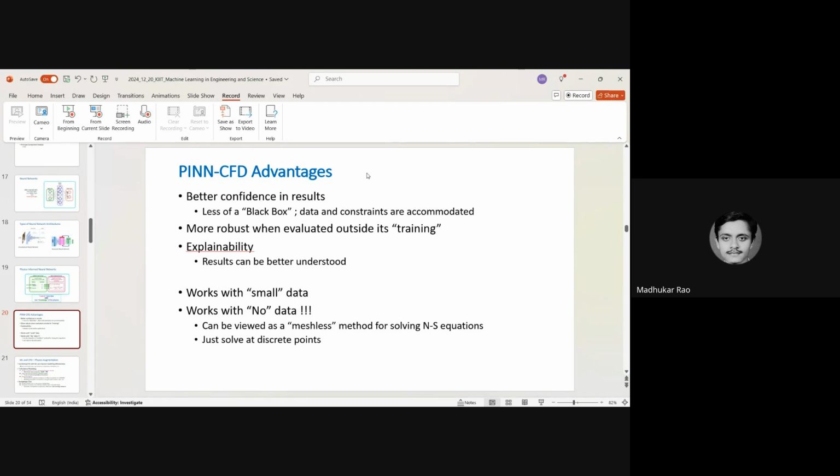It works with less data than a usual neural network. It can even work with no data because you can train only using the physics. It's much harder to train using only the physics, but it can still be done. In which case you can view it as a meshless method for solving a governing equation. You just need to solve at arbitrary discrete points in your field, and you can get the results.